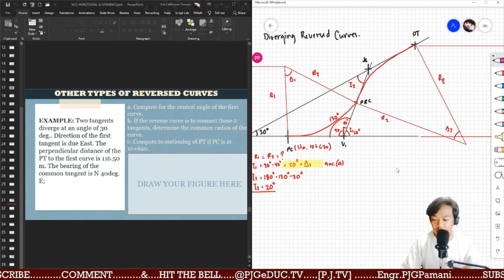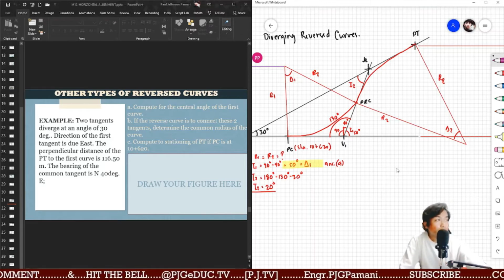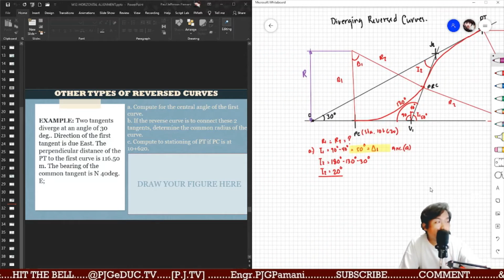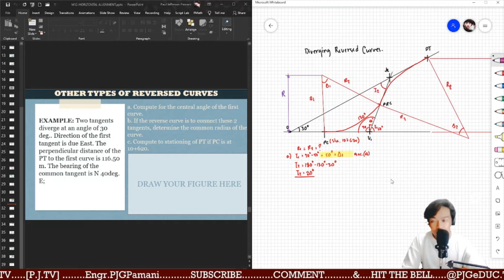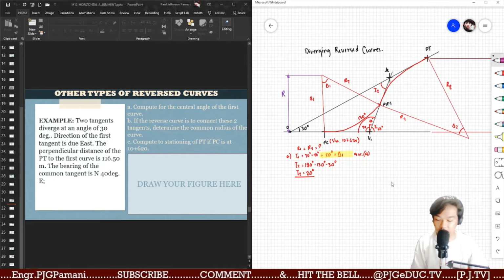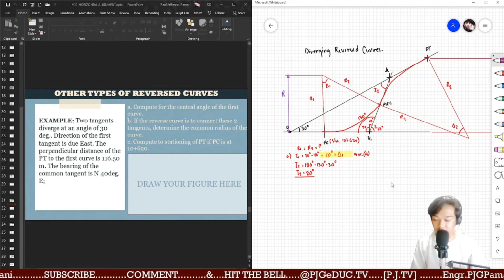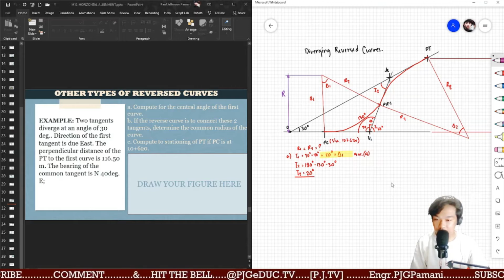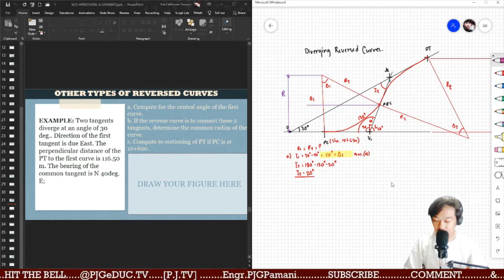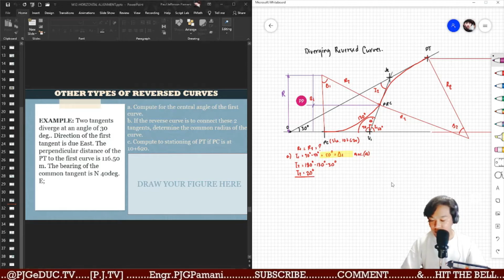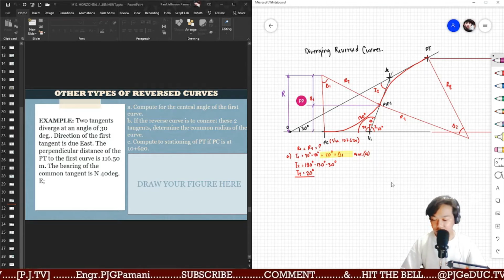Ito yung ating R. Common radius. So, kung common radius, pwede nating gawan ng simple dissection of triangles. Let's just say this is your H1, this is your A.